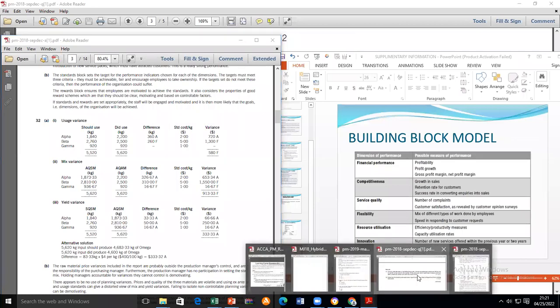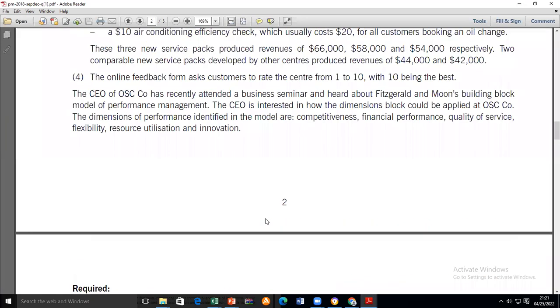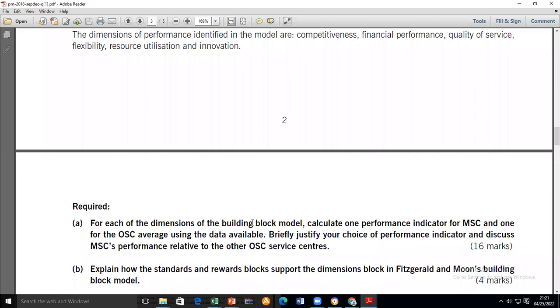Thank you. So now we've got an exercise here. The exercise is for each of the dimensions of the building block model, calculate one performance indicator for MSC and one for the ASC average using the data available. Briefly justify your choice of performance indicator and discuss MSC performance relative to the other OSC service centers.